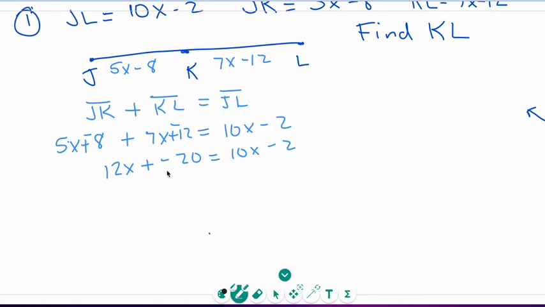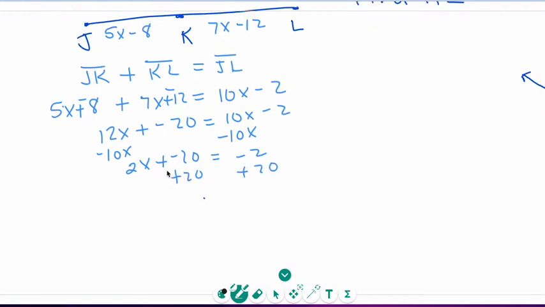So then I'm going to go ahead and zero pair out the 10x. 2x plus negative 20 is equal to negative 2. Zero pair out the 20. I have 2x is equal to 18. Divide by 2, divide by 2, x is equal to 9.